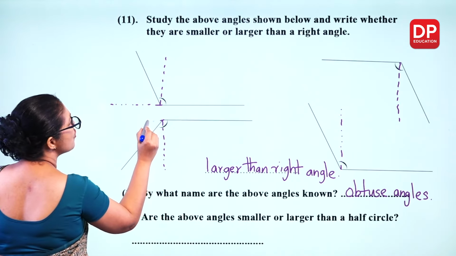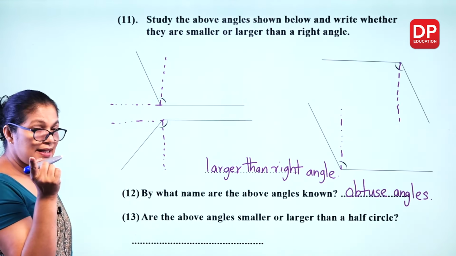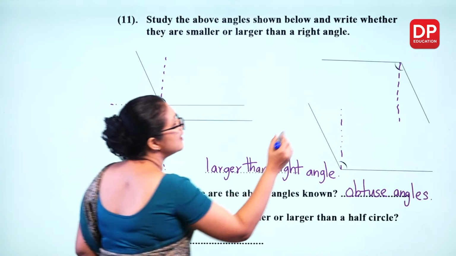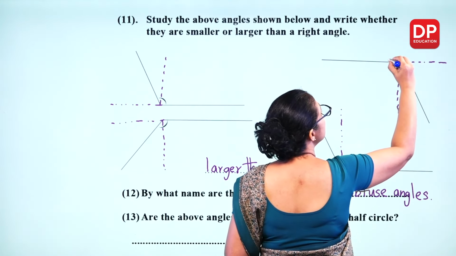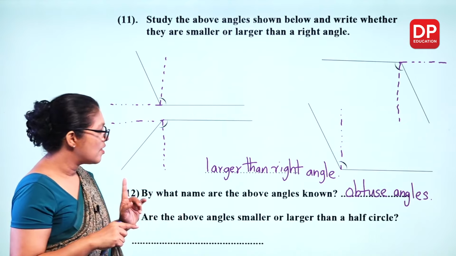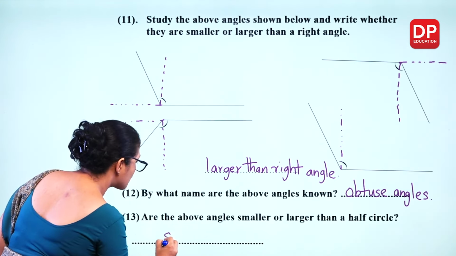Here also, when you draw this line, it is more than a right angle and less than half of a circle. Here also, when you extend this line, you get half of a circle this way. But what can you say about this one? This is smaller than half of a circle.